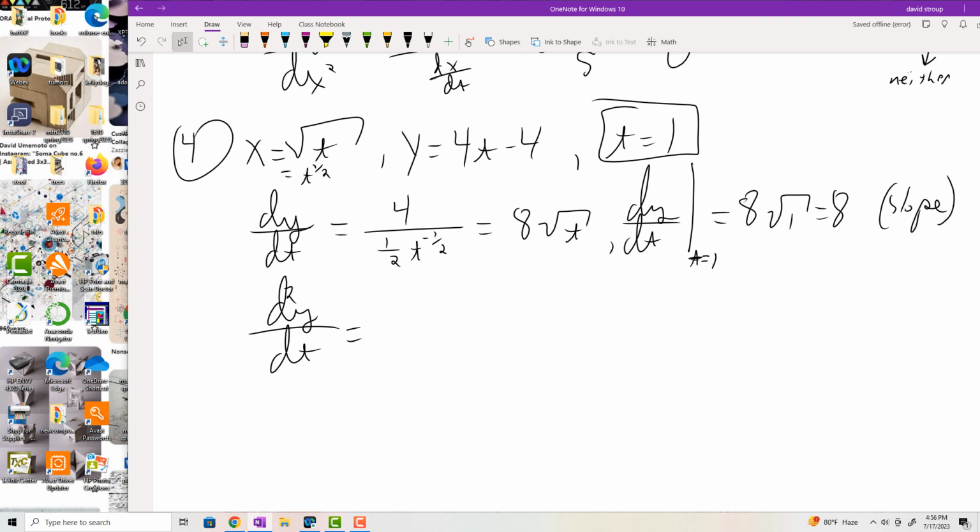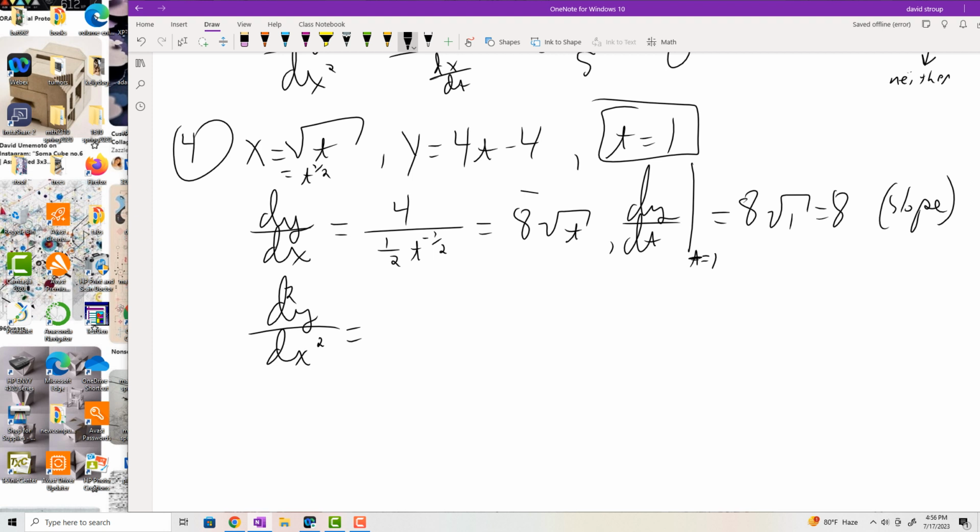Okay, so the second derivative, it's not just a matter of taking the derivative of the first derivative, right? It's not going to be 4 over square root t, right? No. What you do in the numerator is put the first derivative in our traditional idea of, and I'm putting dt in the denominator even though I meant to put dx. I want dx, not dt.